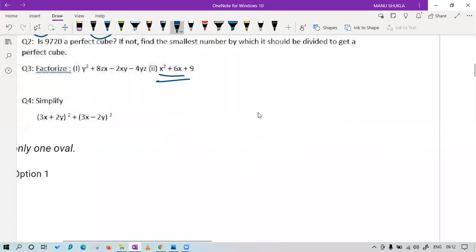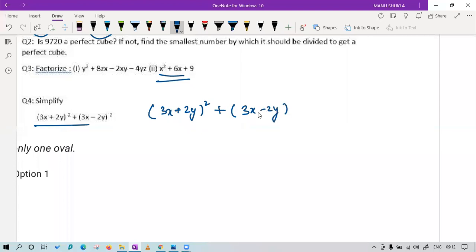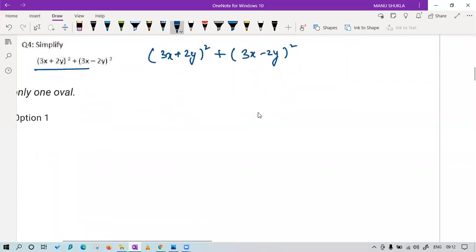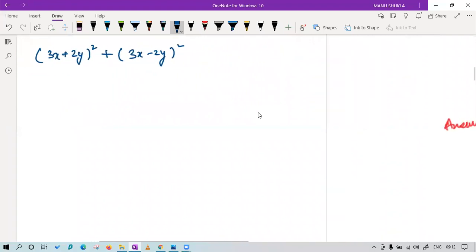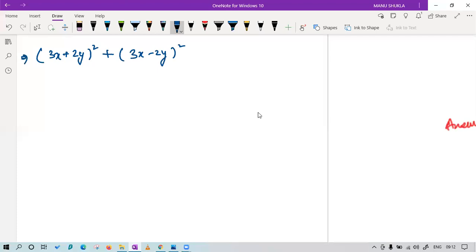Now, the next question is simplify (3x plus 2y) whole square plus (3x minus 2y) whole square. So class, to simplify this, what should we do? We have to open the brackets.